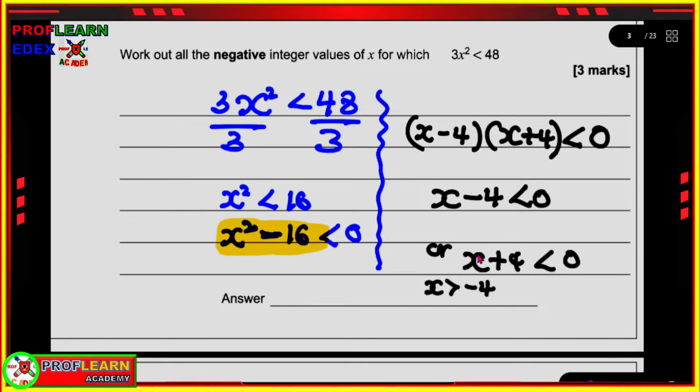Yeah, so we need the negative number, so our final answer now is x is greater than -4 and x is less than 4.